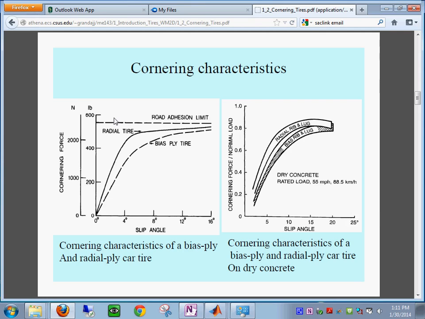You turn the wheels, let's say 20 degrees, just for the sake of example. I see that it turns to 10. The car does not go 10 degrees. The car drives 8. This difference is called the slip angle. So it's the difference between the angle of the tires and the actual direction of travel.